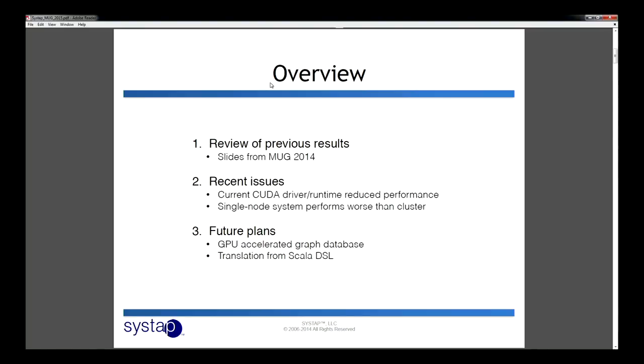In the overview, I'm first going to cover previous results, which we actually presented at MG 2014. In the last year we haven't really been doing much work on our cluster implementation. We've been focusing on our single node and integration with Java.